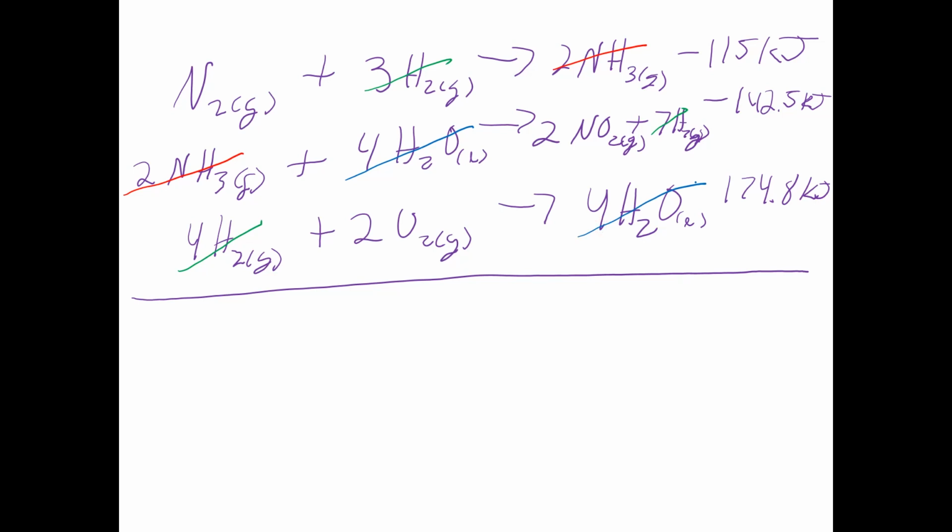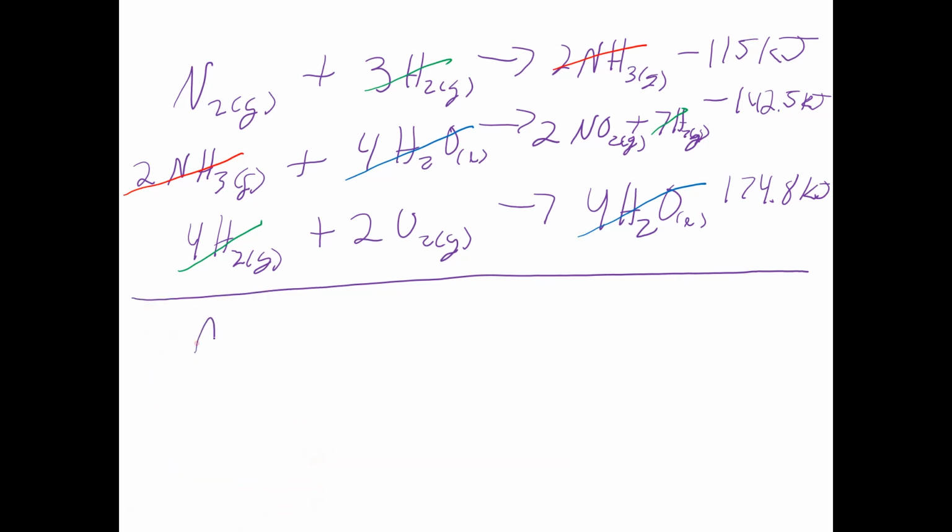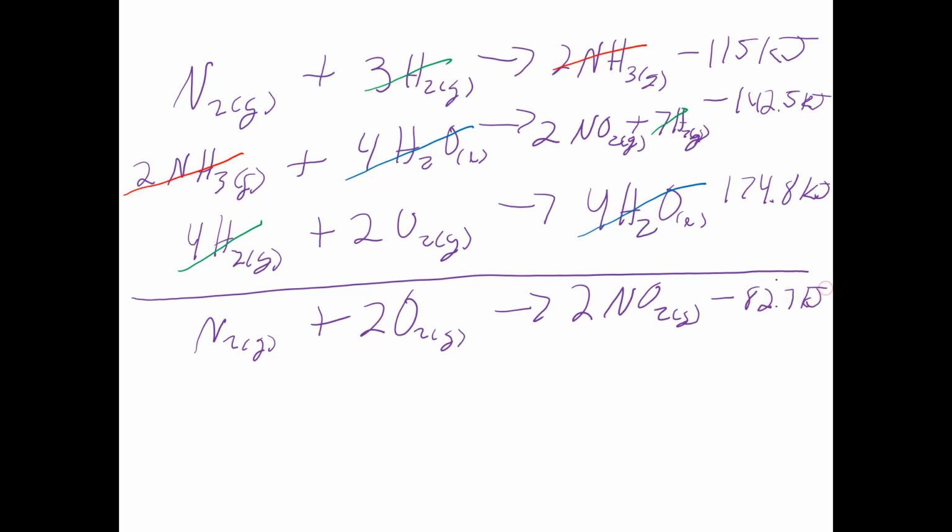And all we're left with are the N2, the 2O2, and the 2NO2. So we have N2 as a gas plus 2O2 as a gas yields 2NO2 as a gas. And if we add all the delta H's together, that comes out to negative 82.7 kilojoules.